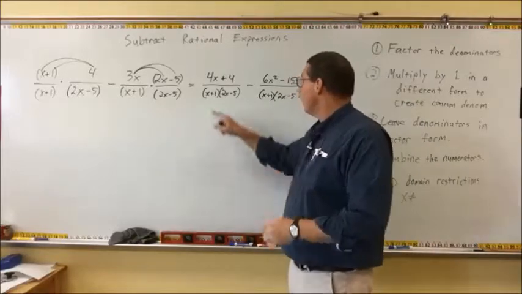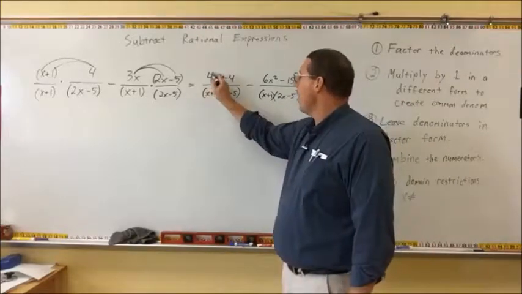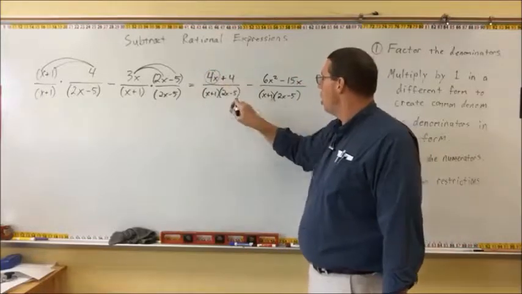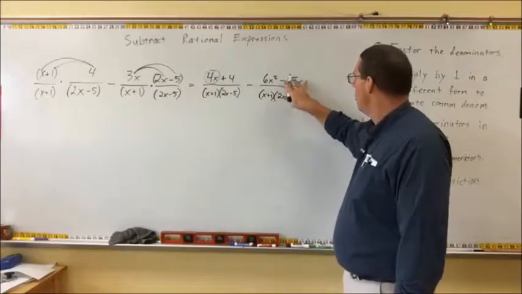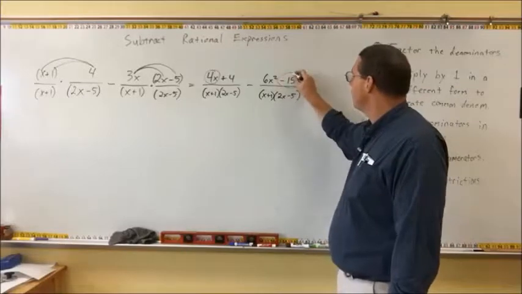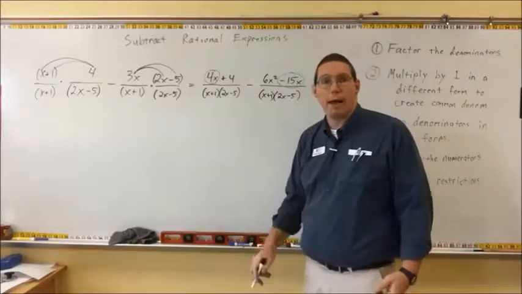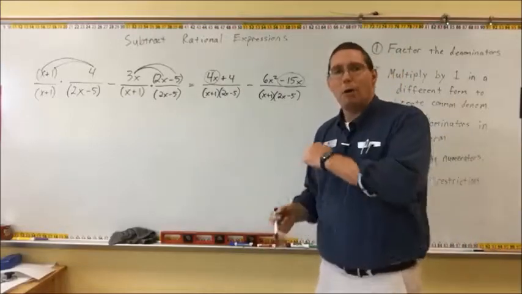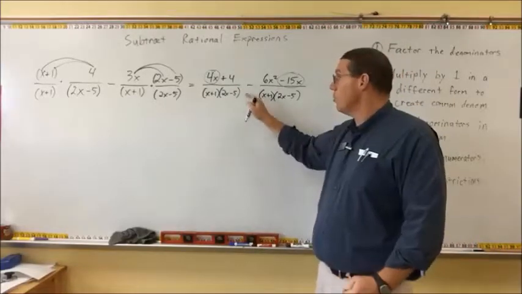I start over here and I ask, are there any like terms to 4x? No, no, yes, this negative 15x is like 4x. Then I can combine them. How am I going to combine them? I'm going to use subtraction.